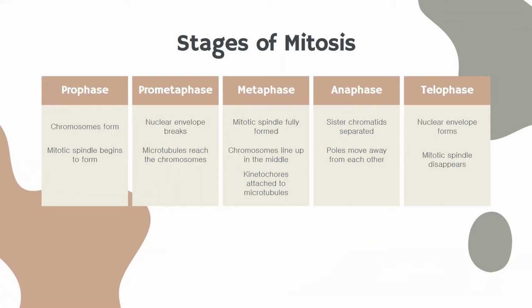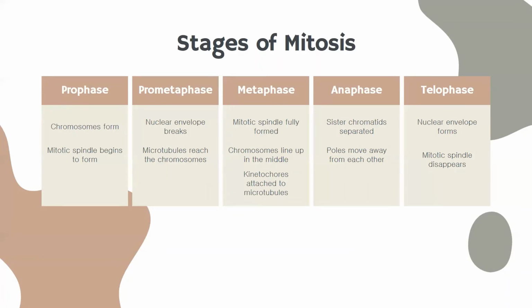In the prometaphase, sometimes this process is omitted in some of the textbooks. So sometimes it just goes prophase, metaphase, anaphase, telophase instead of prophase, prometaphase, and metaphase. But still, we're going to include this.